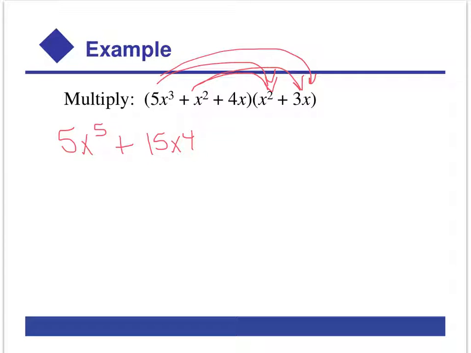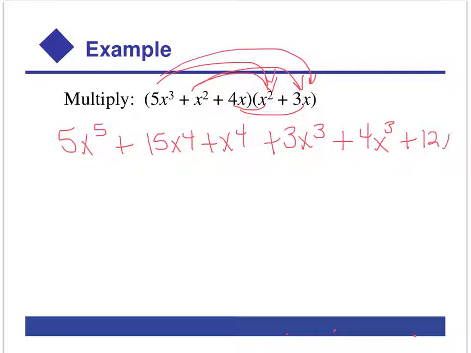So x squared times x squared is going to give me x to the 4th. And then x squared times 3x is going to give me 3x to the 3rd. And then last but not least, I'm going to multiply this 4x. So 4x times x squared is x to the 3rd. And then 4x times 3x is going to be 12x squared.